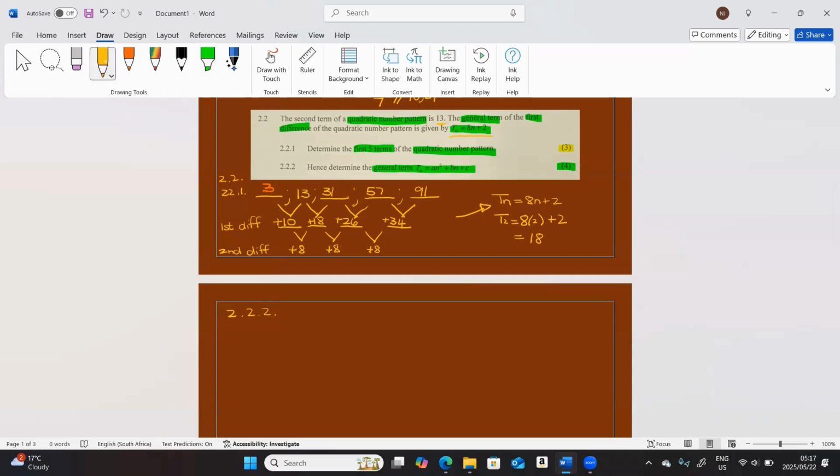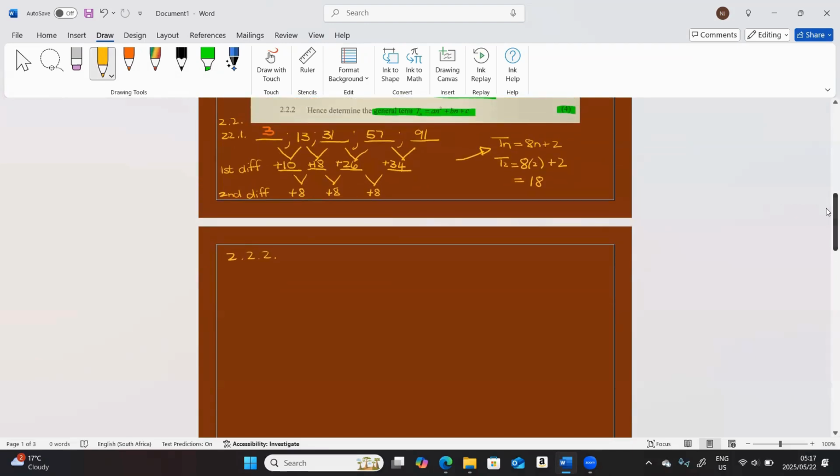Okay, so we know that we have our first 5 terms of our quadratic number pattern. So this is very easy. This is what you have to study, and it's usually your easy marks in your number pattern question. So the first thing that you need to do is we know that we have to get the general term in this form, an squared plus bn plus c.